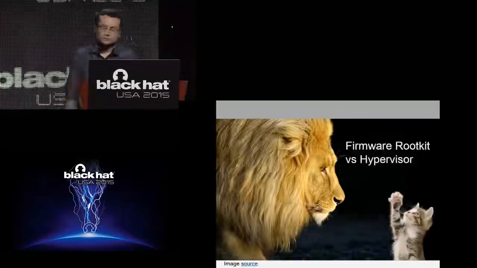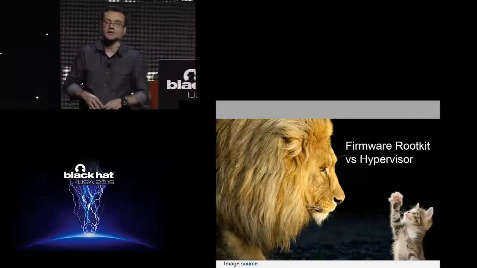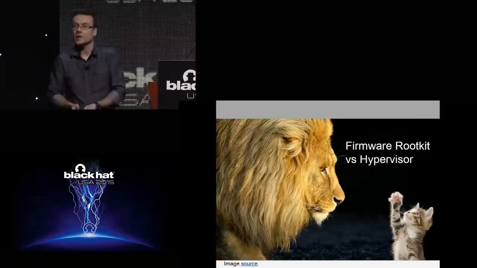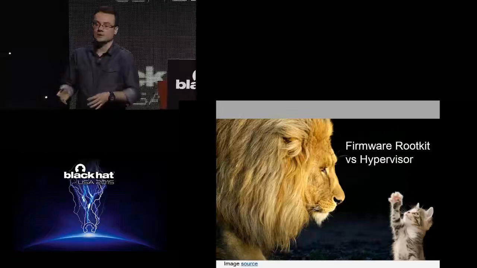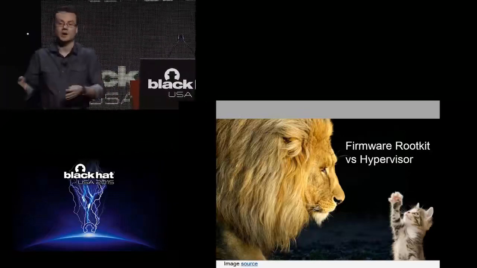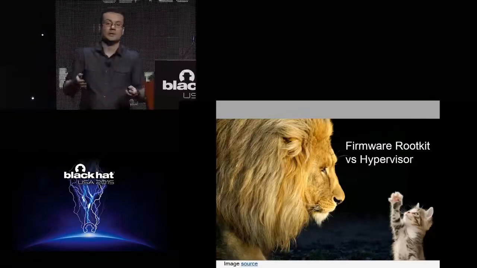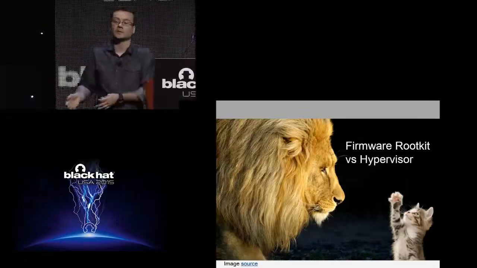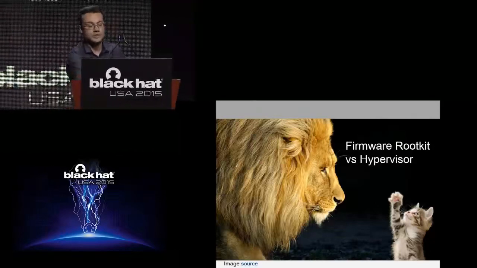So first, before continuing exploring the attack surface through the firmware, I'll describe the impact of those attacks on the hypervisors by showing how a rootkit in the firmware would affect secrets within the hypervisor or within the virtual machines.